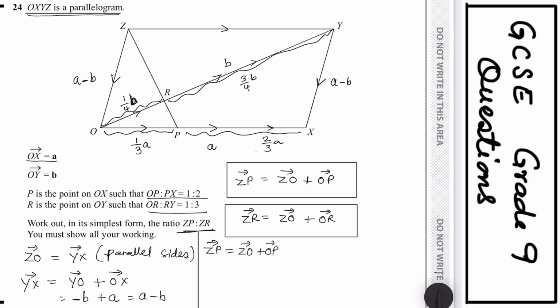So ZO is A minus B, and add OP, a third of A. If we simplify A terms, we get 4/3 of A minus B. So ZP is 4/3 of A minus B.